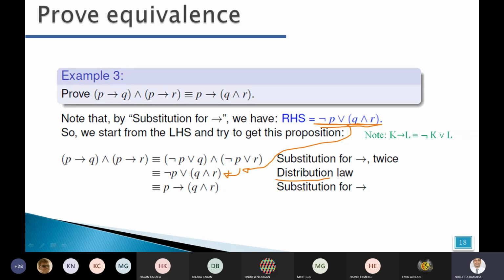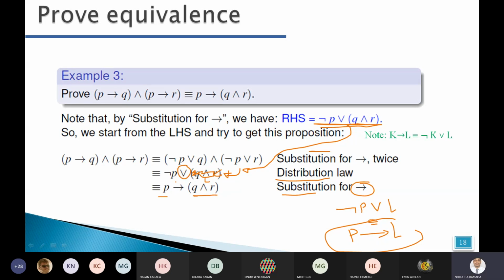If we reach this one, then the substitution law, which is the first one we applied here for the implication, says that we can reach P implies Q. You can imagine this one as L. If you have not P or L, it's logically equivalent to P implies L. So if this is L, then we can make it an implication.